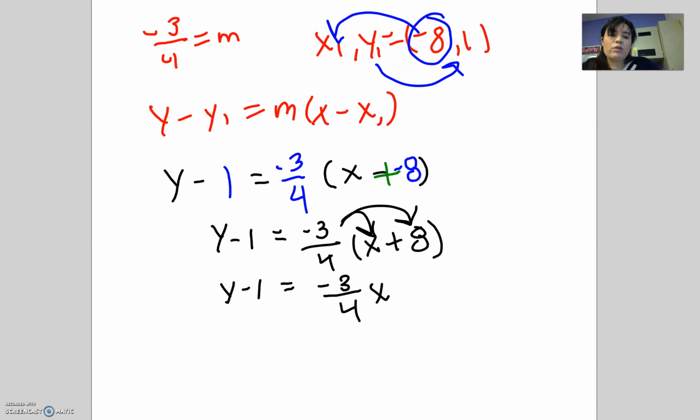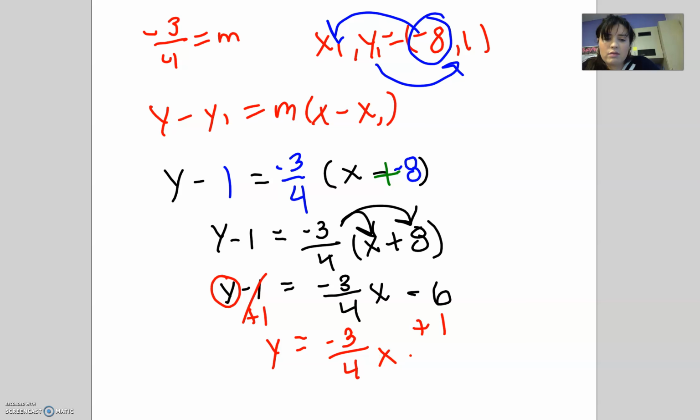Okay, now we're going to do negative 3/4 times 8, which is a negative 6. And now we're solving. We want to get our y by itself, so we gotta move this 1 over. And now we get y alone equals negative 3/4 x minus 5.